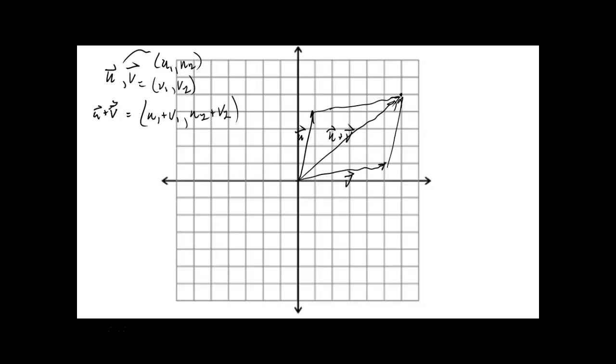As long as you don't change the magnitude and you don't change the direction, this vector u is the same as that vector u. This vector v is the same as that vector v. So you can add u plus v this way, and you wind up there. You could add v plus u this way, you still wind up there. That's what the sum of two vectors is.